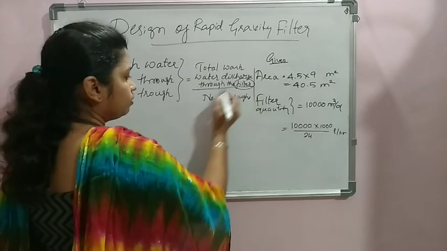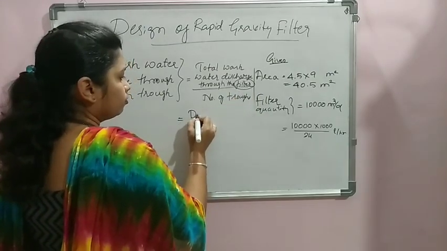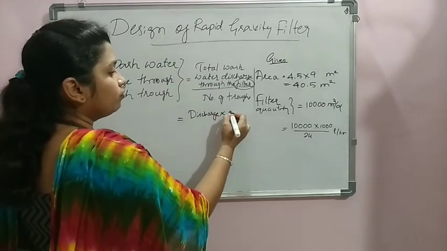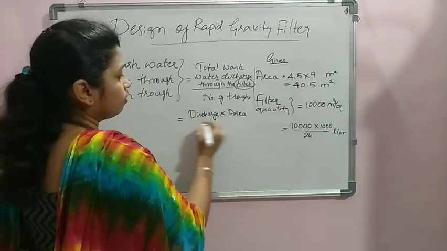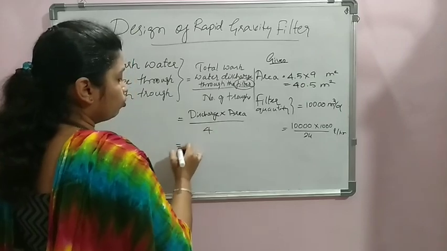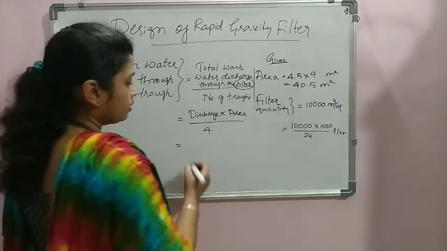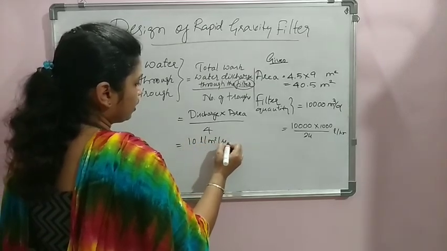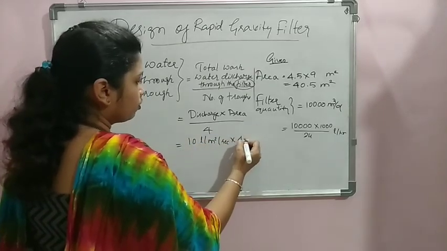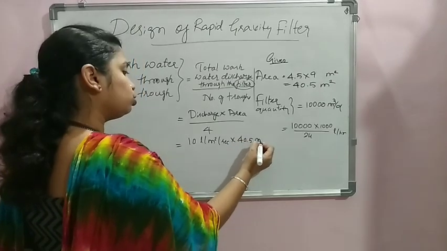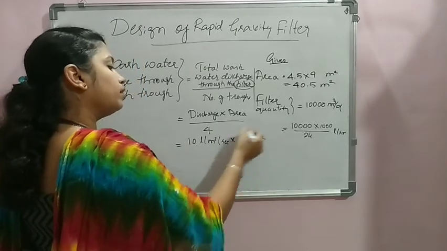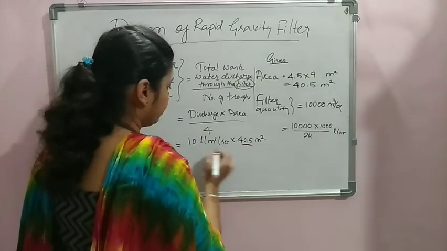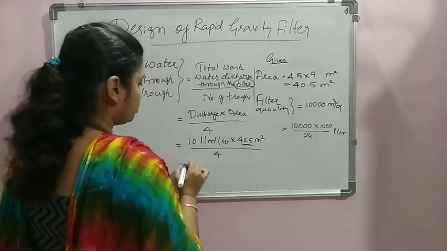So for the filter of the total area, discharge of the wash water throughout the total filter area we have to calculate, divided by number of troughs is 4, and discharge was considered as 10 liters per meter square per second into area 40.5, because wash water flows throughout the area of the filter, through the complete area. That is why we are considering complete area, divided by number of troughs is 4.